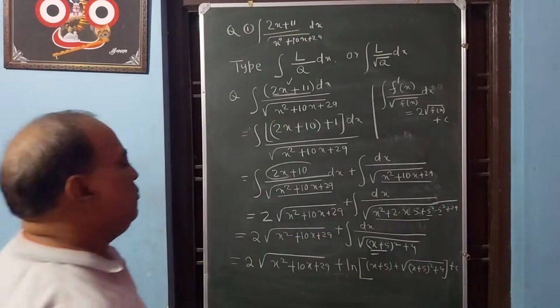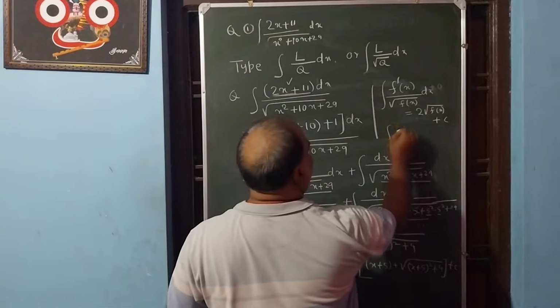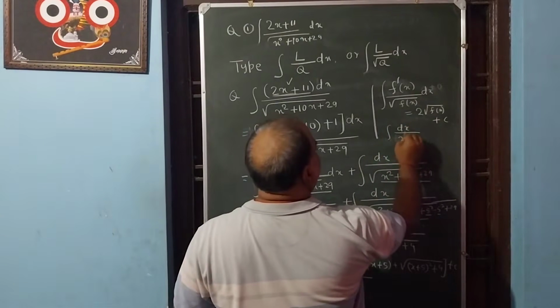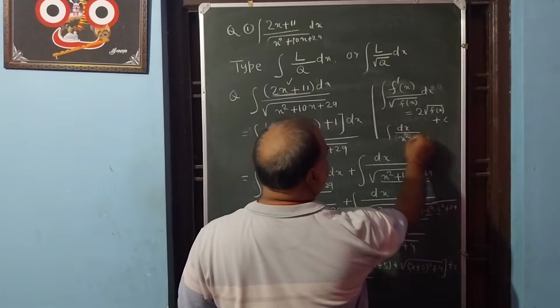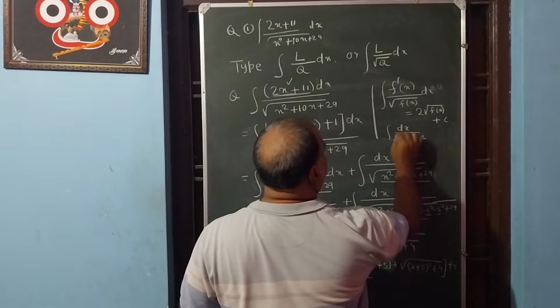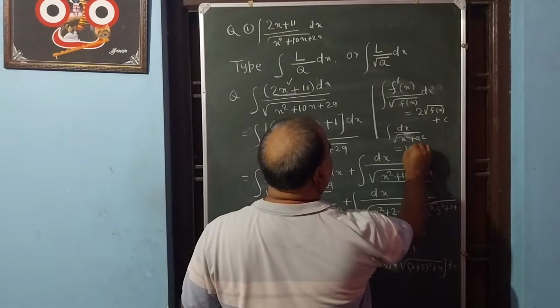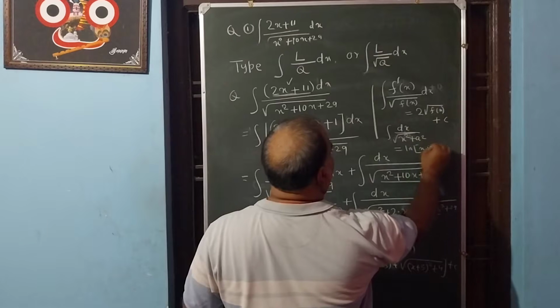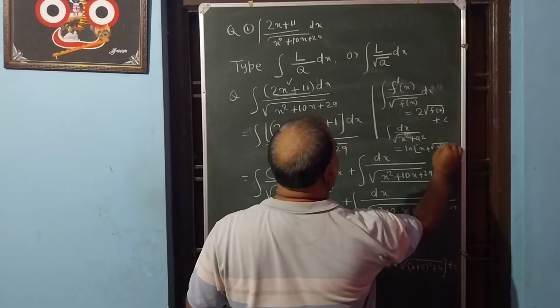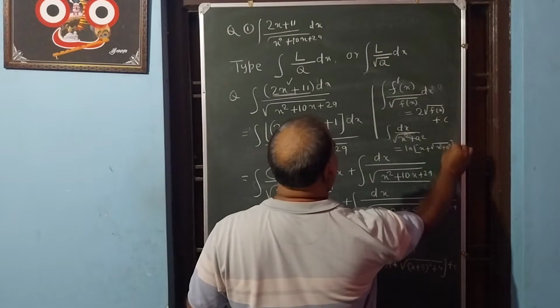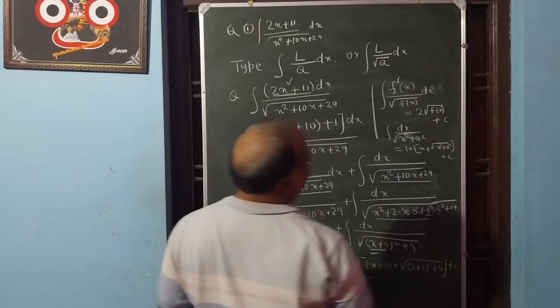We know that the integration of dx by square root of x square plus a square is ln of x plus root over x square plus a square, plus c.